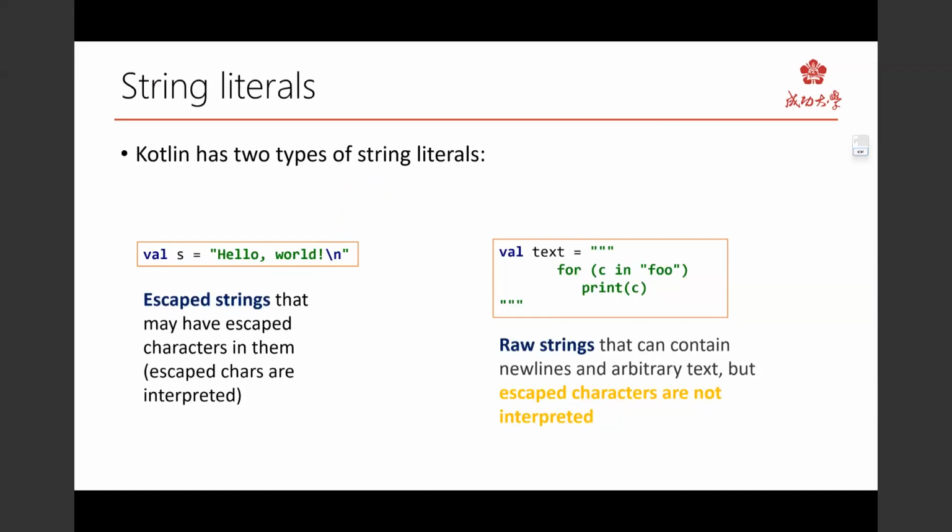In contrast, raw strings do not interpret escaped characters. So if you put \n and output the string on screen, you are going to see this \n on the screen as well. That's the difference between escaped strings and raw strings.